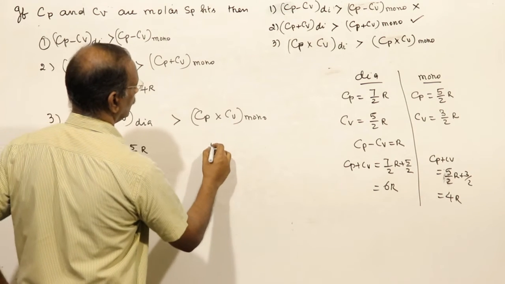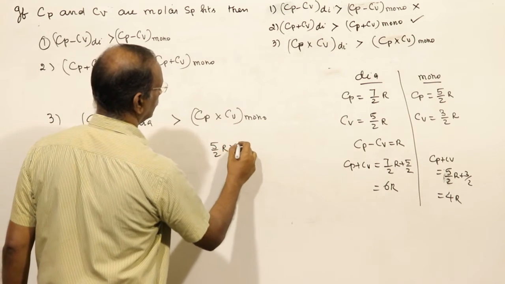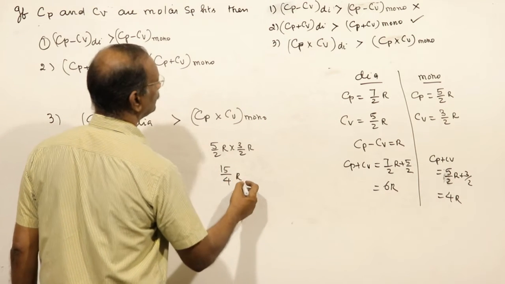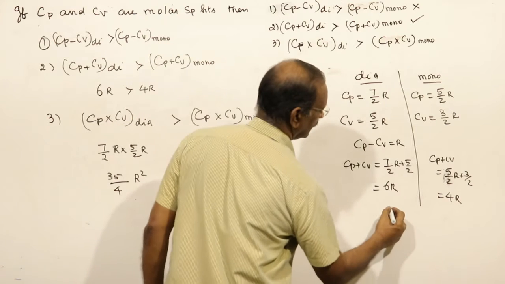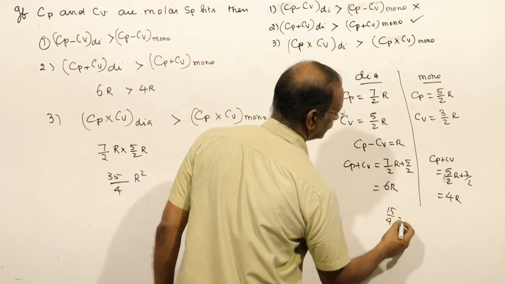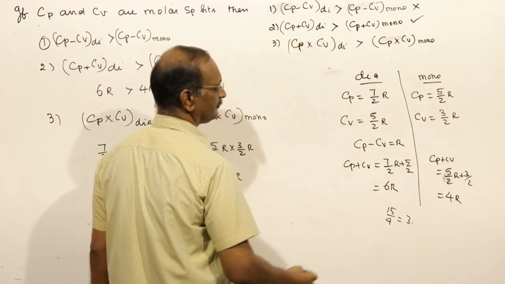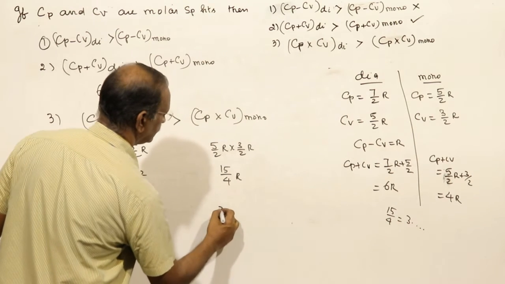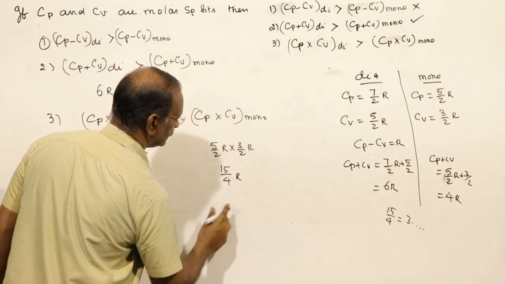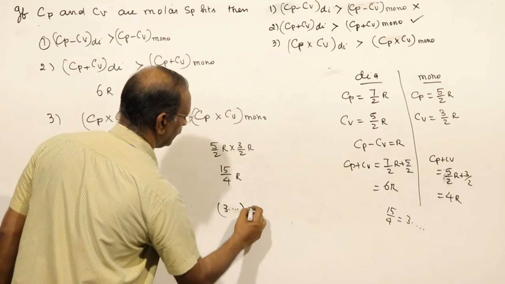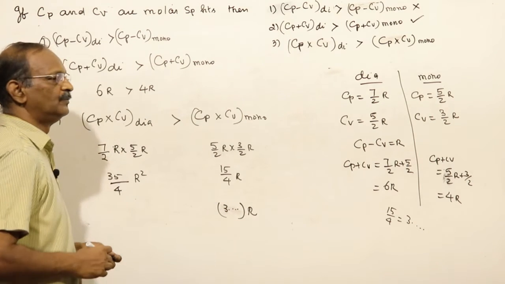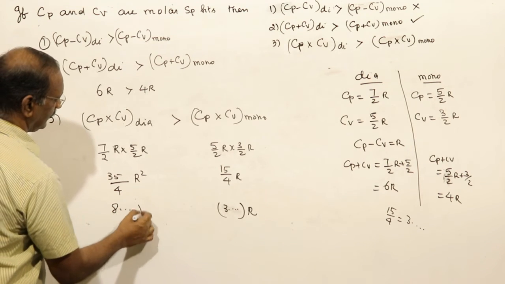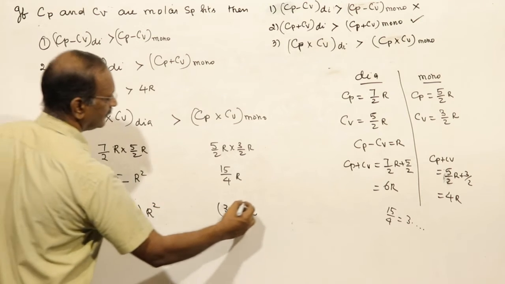For mono, Cp into Cv is 5 by 2 R into 3 by 2 R, so 15 by 4 R square. 15 by 4 is equal to 3 point something, so this is 3.75 R square, and 35 by 4 is 8 point something R square.